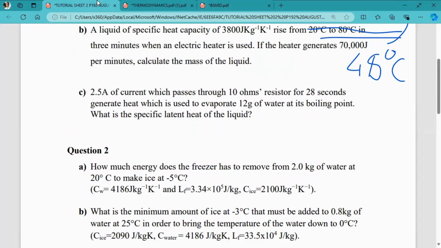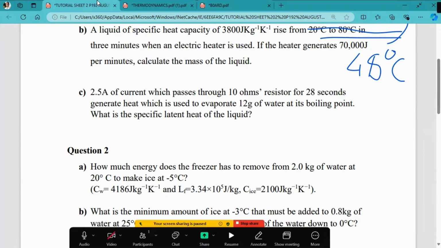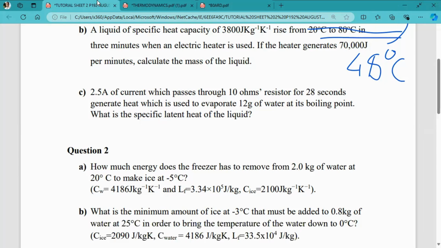What is the specific latent heat of the liquid?